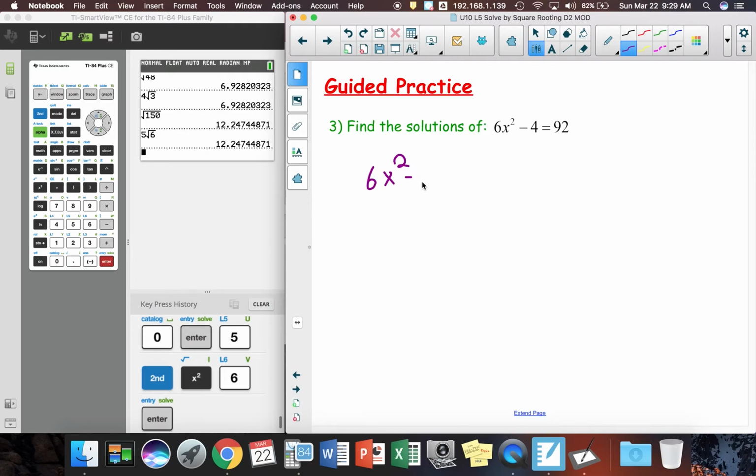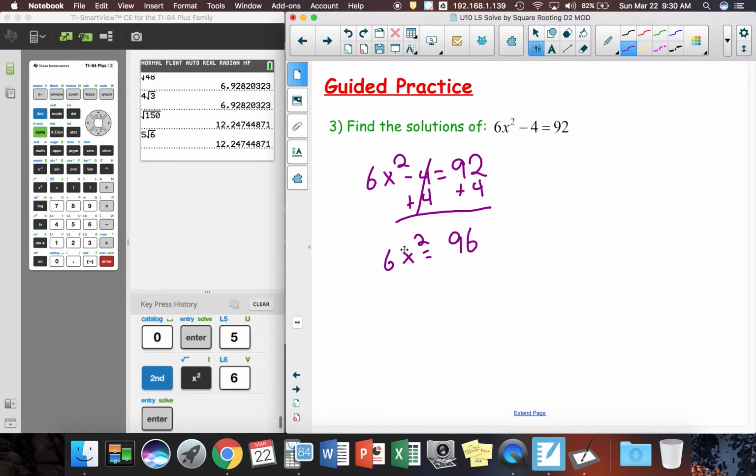6x squared minus 4 equals 92. I want to get x by itself, so I'm going to add 4 to both sides. Plus 4, plus 4. 6x squared equals 96.